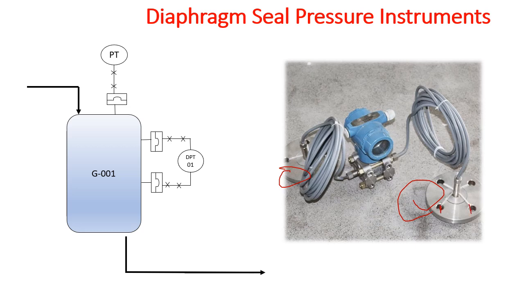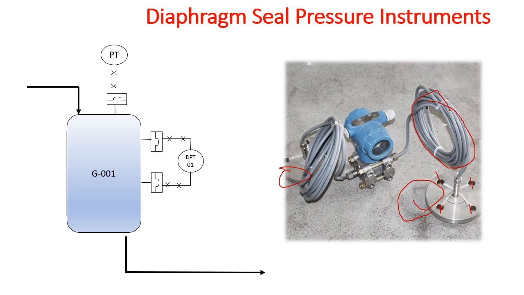This is the diaphragm and this is the capillary tubing. This kind of diaphragm seal is used when the liquid is very toxic and may damage the diaphragm of the transmitter. Or sometimes if the pressure is very, very low, the diaphragm seal also helps to measure the pressure accurately. So this is how it is shown here.